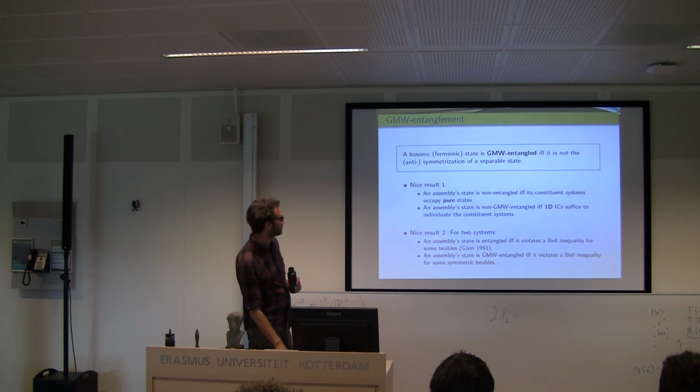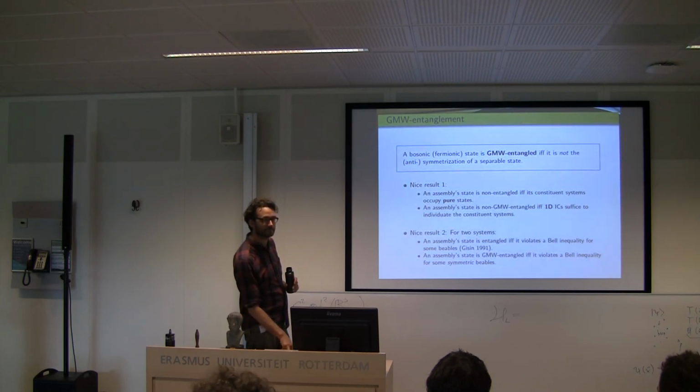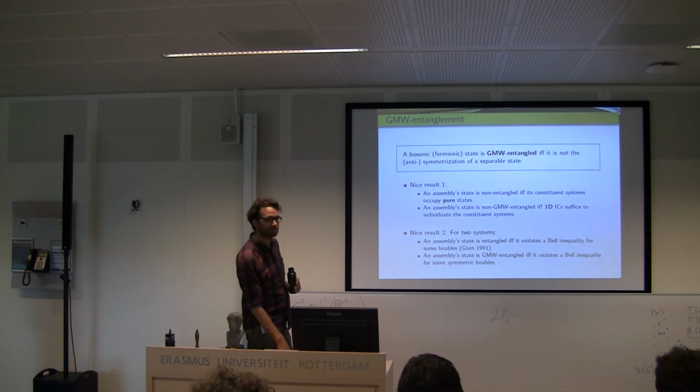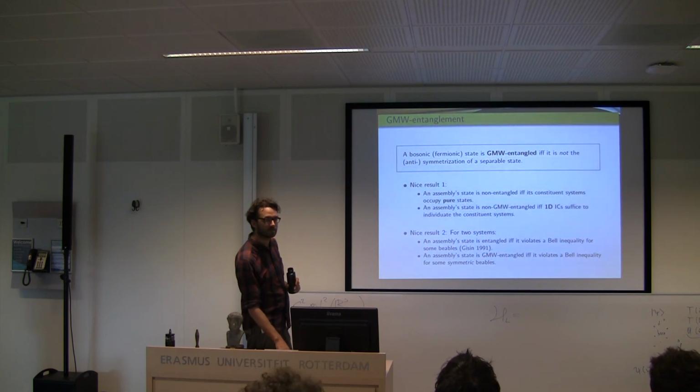Presumably there is a proof of that result. And now what you're pointing out is, well, that result may be true, but physically it's not interesting, because what's happening physically is we are not working with the GMW.